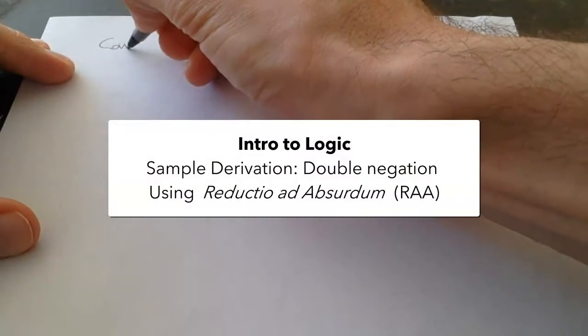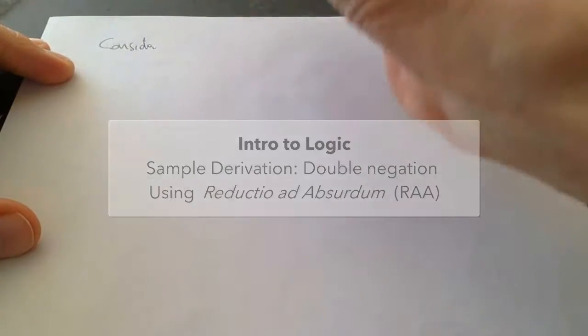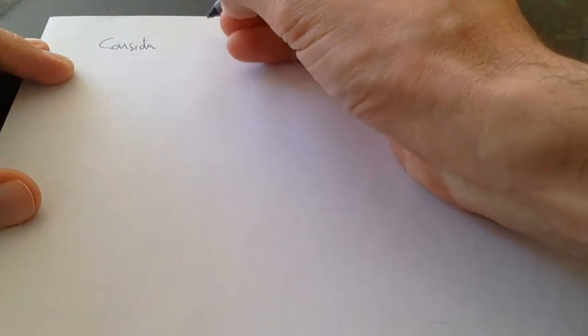Consider the following formula, not not P implies P. This formula says that two negations make an assertion, essentially.